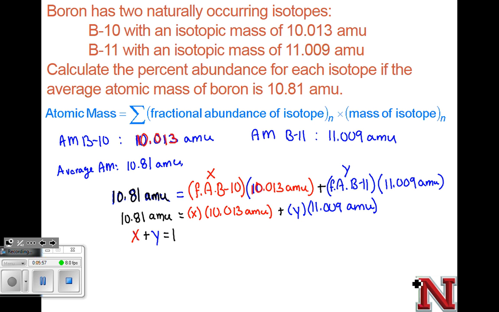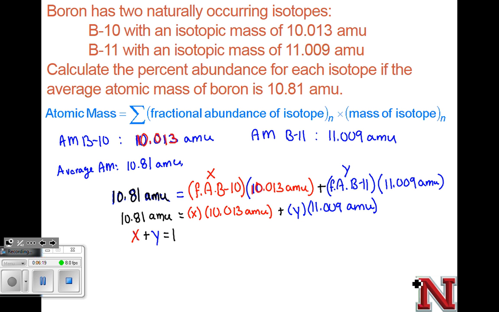So I have two equations, I have two unknowns, but I have the same unknowns in both equations. So I can solve for this equation and plug it in. So therefore I'll only have one unknown in my equation. It doesn't really matter if you solve for x or if you solve for y, but I solve for y on my paper, so that's what I'm going to do here. But you should get the same answer.